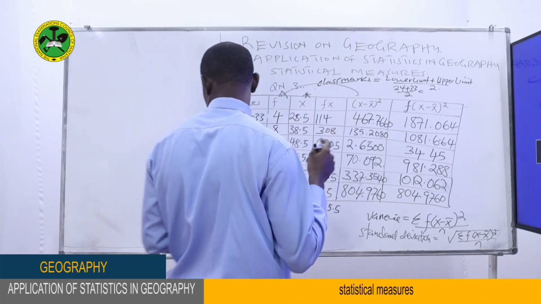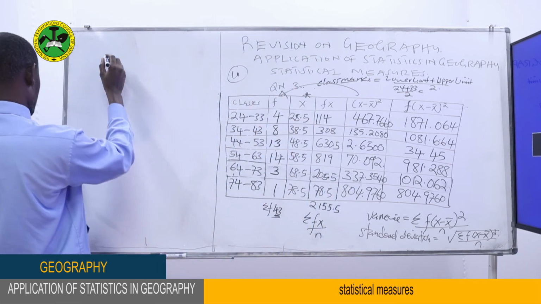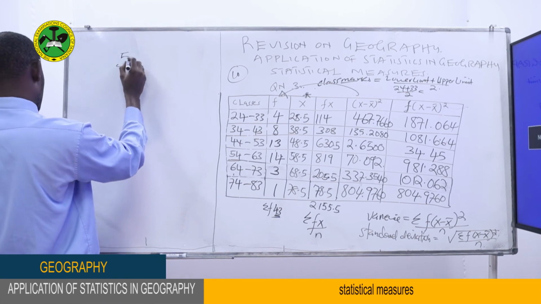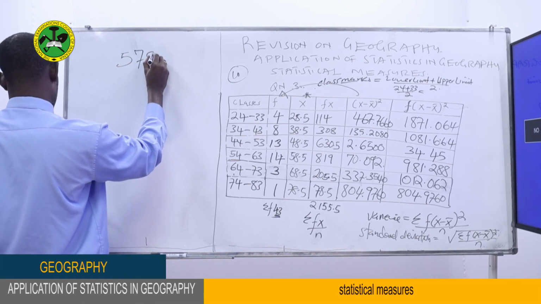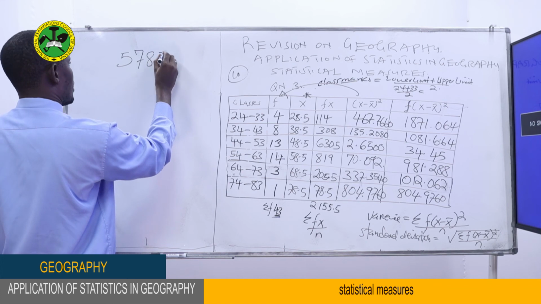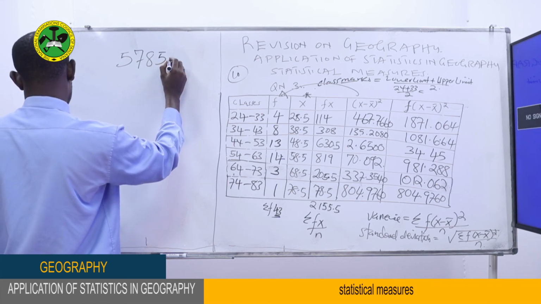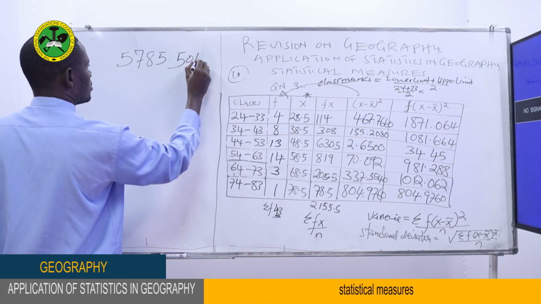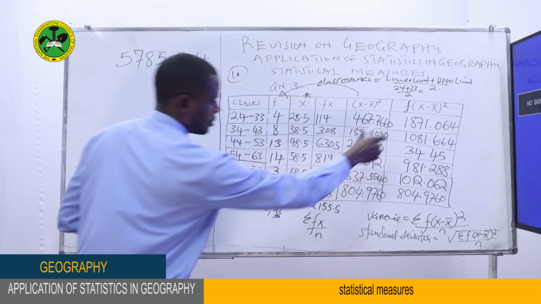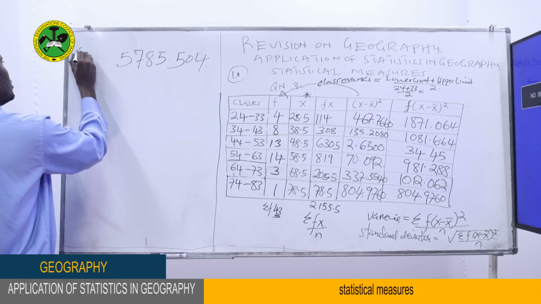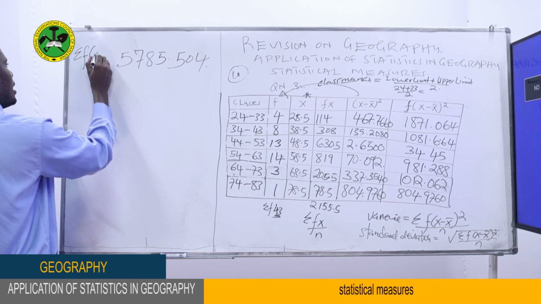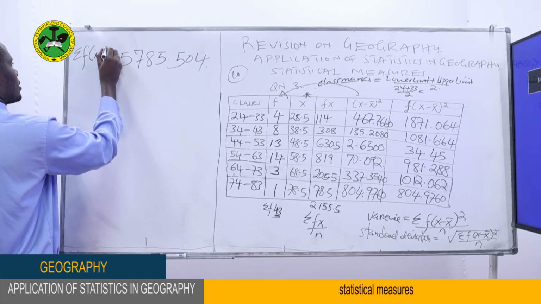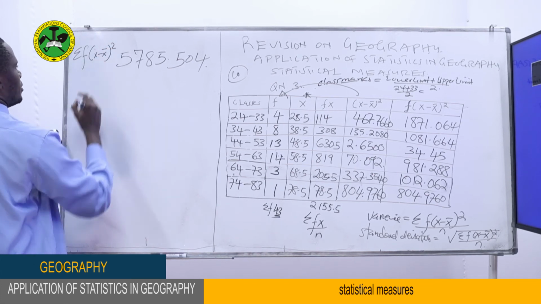Then we come up with a total of 5785.504. So this is the summation of f times x minus x bar squared.